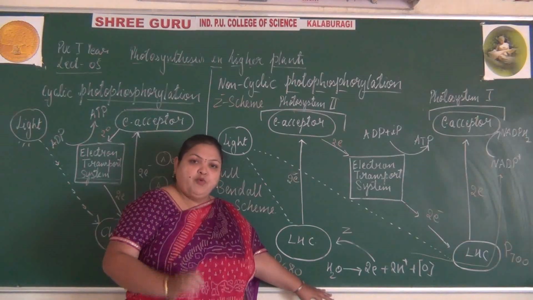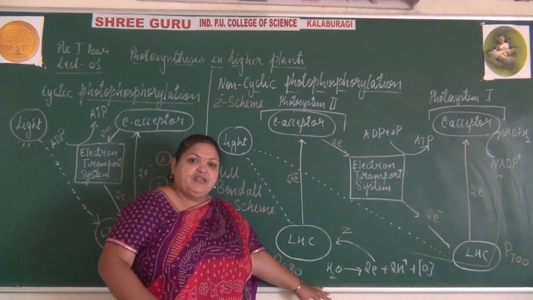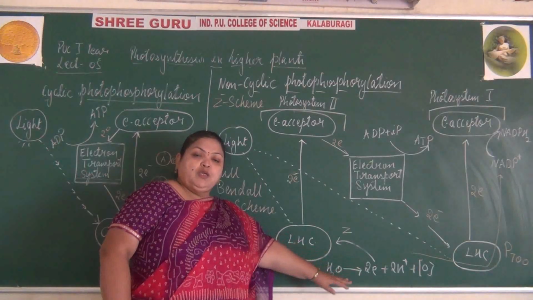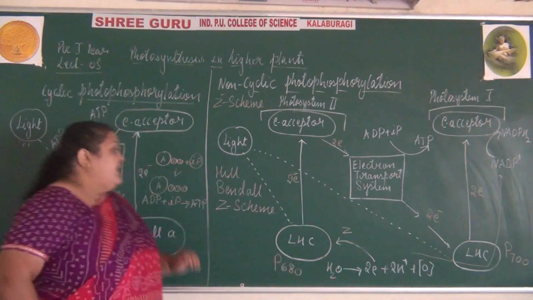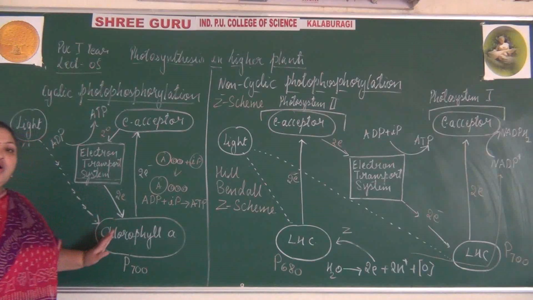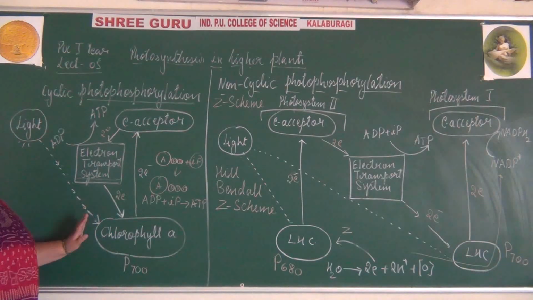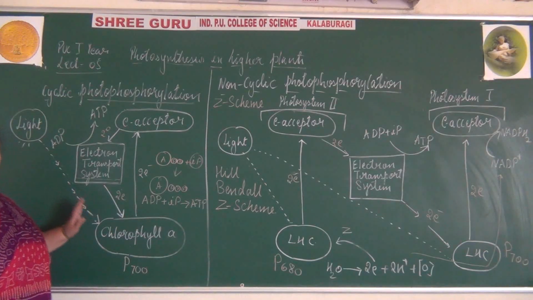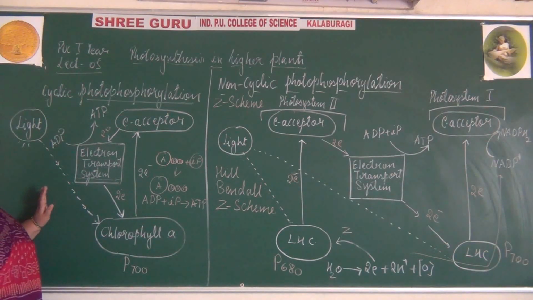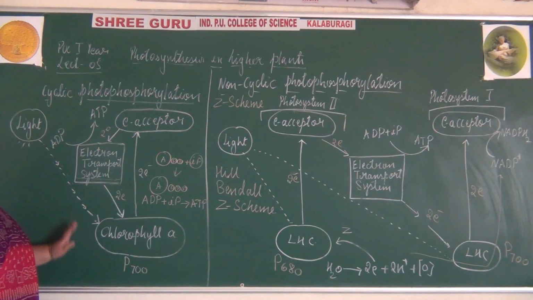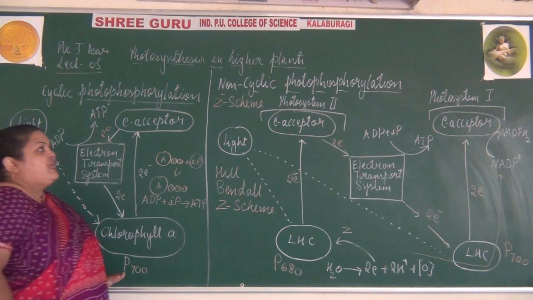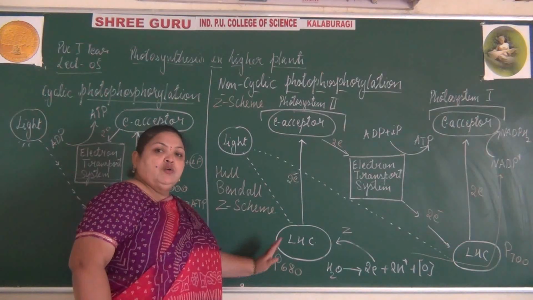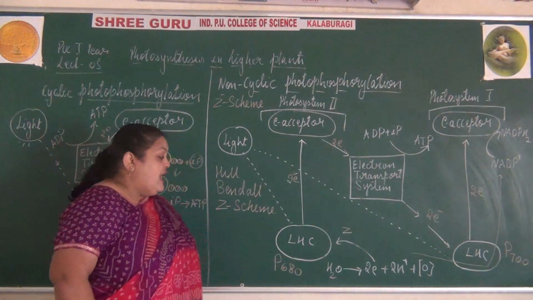So the fifth point is that photolysis of water occurs in non-cyclic. Here in cyclic it is not involved in the photolysis of water, while in non-cyclic it is involved in the photolysis of water.